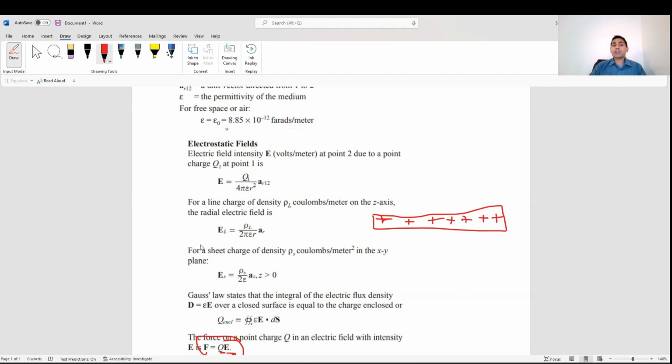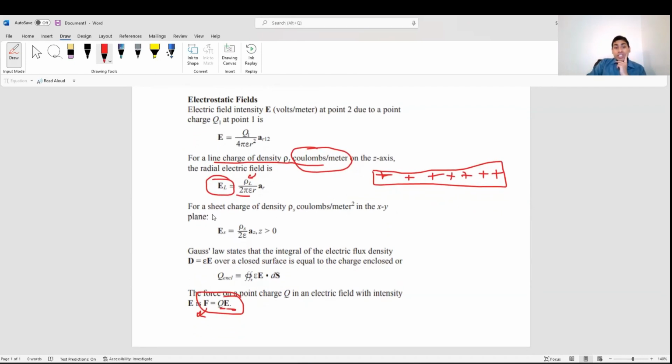So for a line charge, you have to take the line charge density, which is measured in coulombs per meter, divided by 2 pi epsilon R, and that's how you figure out the field for a line charge.